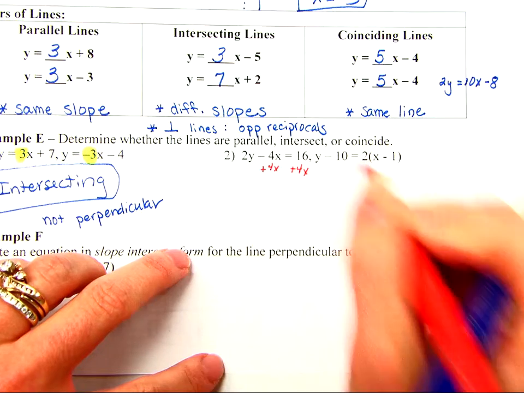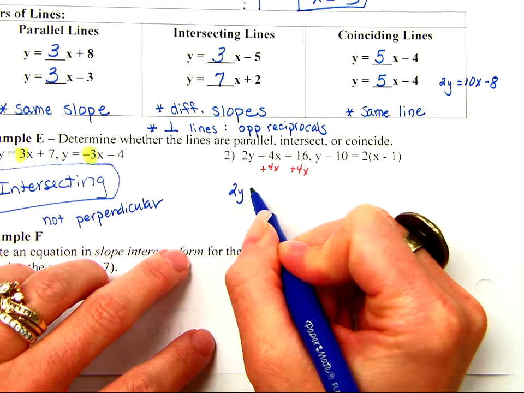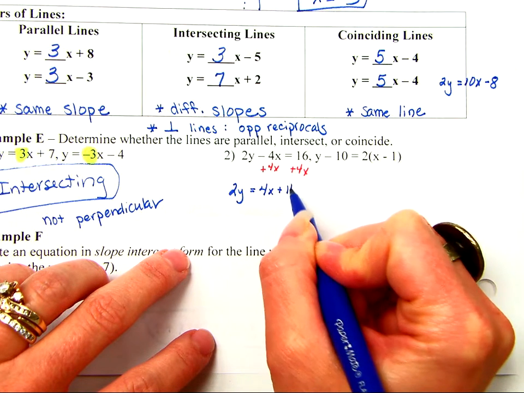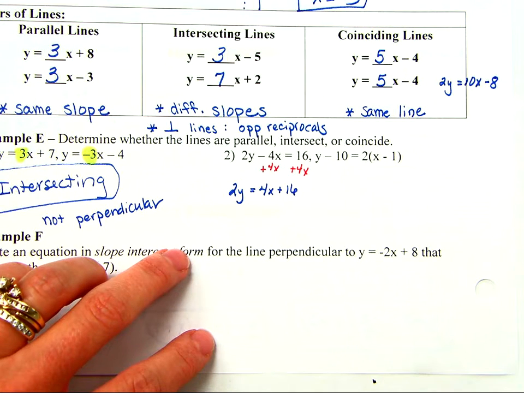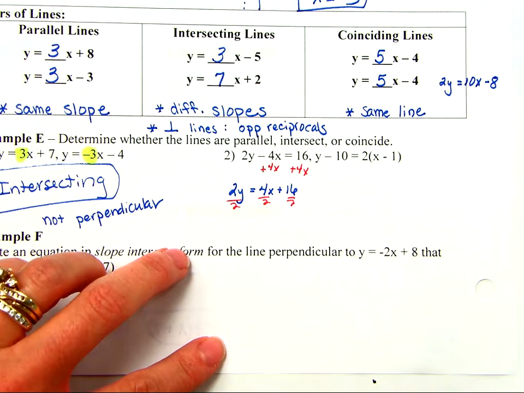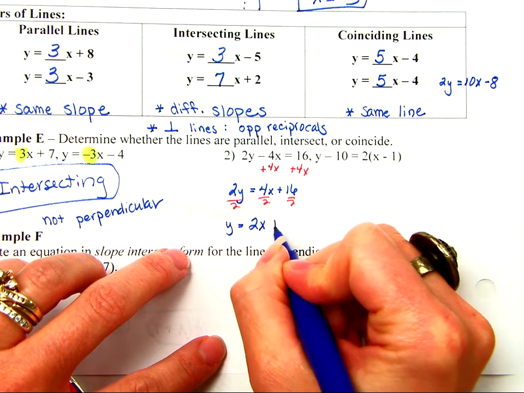Starting with my first one, I find 2y equals 4x plus 16, or that y equals 2x plus 8.